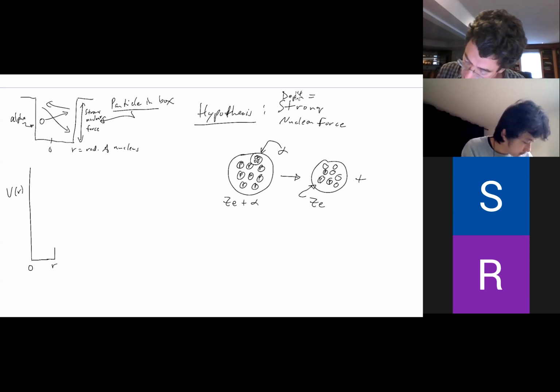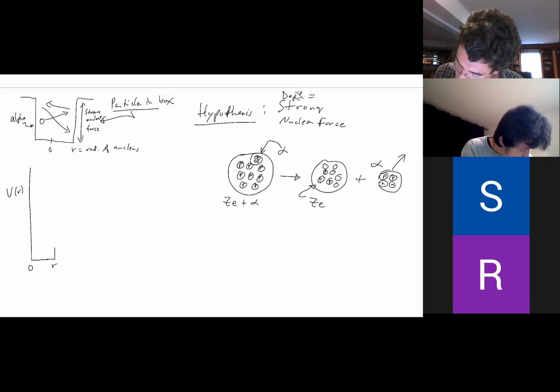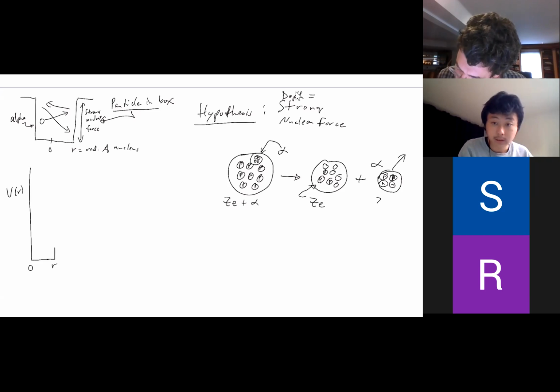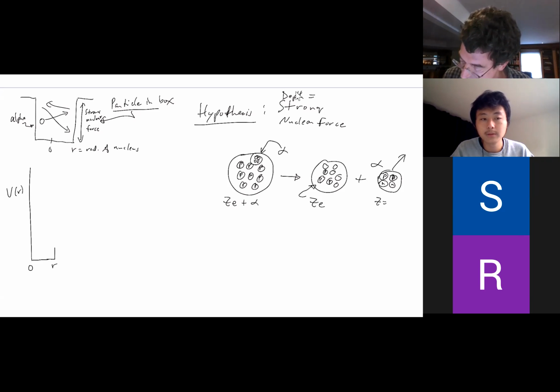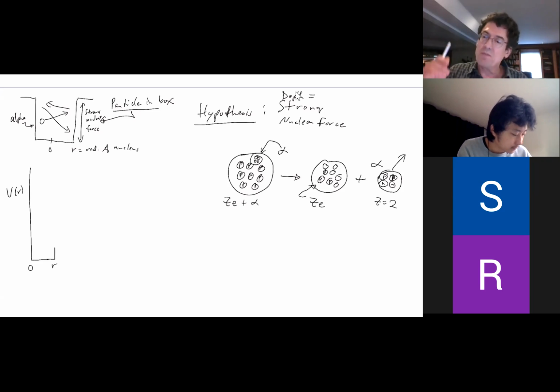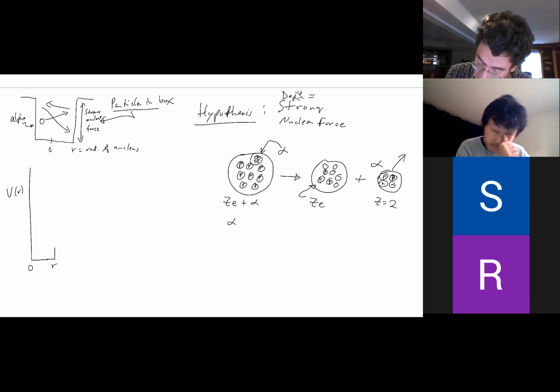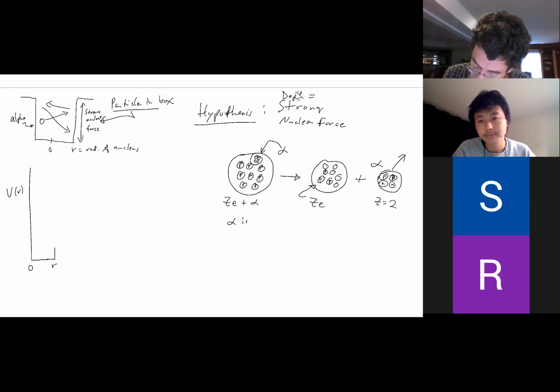But then I have my alpha particle, P, N, N, flying away. But notice that the alpha particle has Z equals what? What's the charge of the alpha particle? 2. Right.